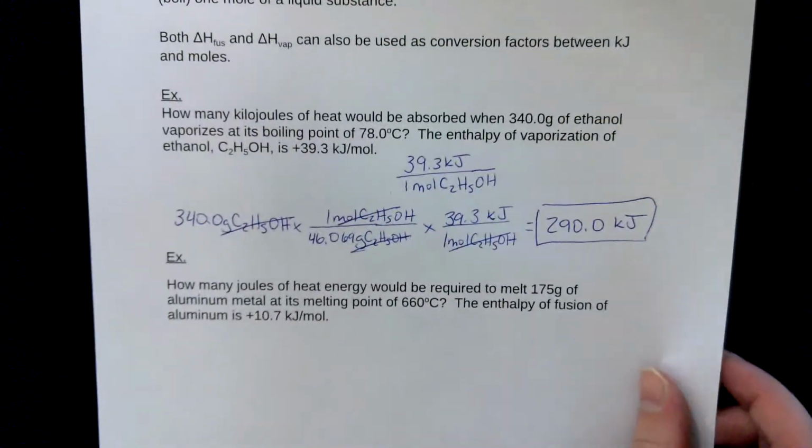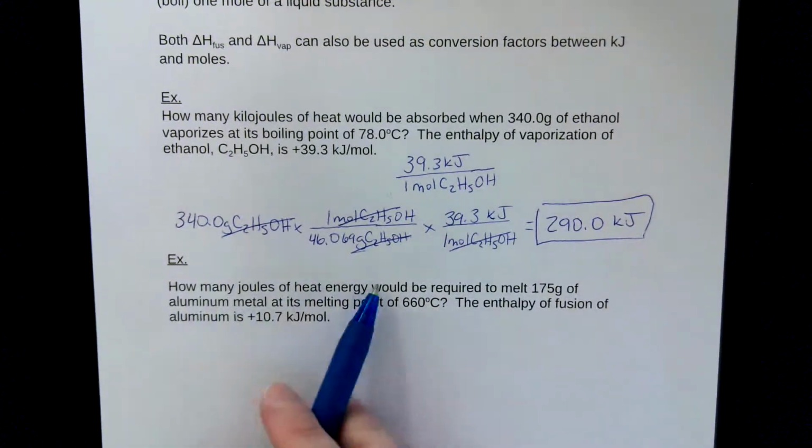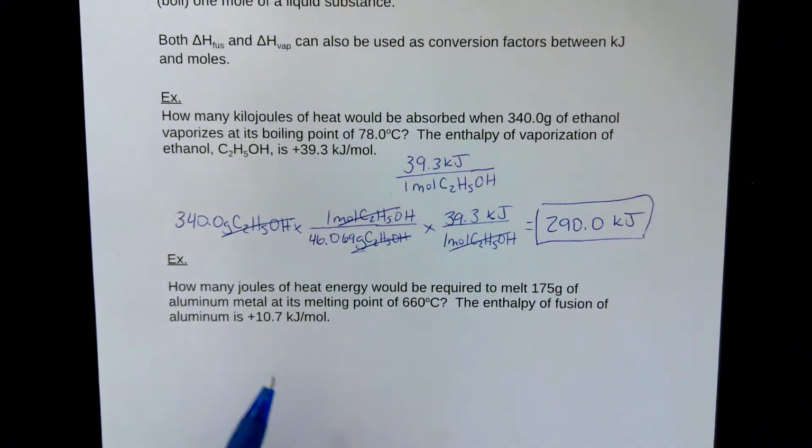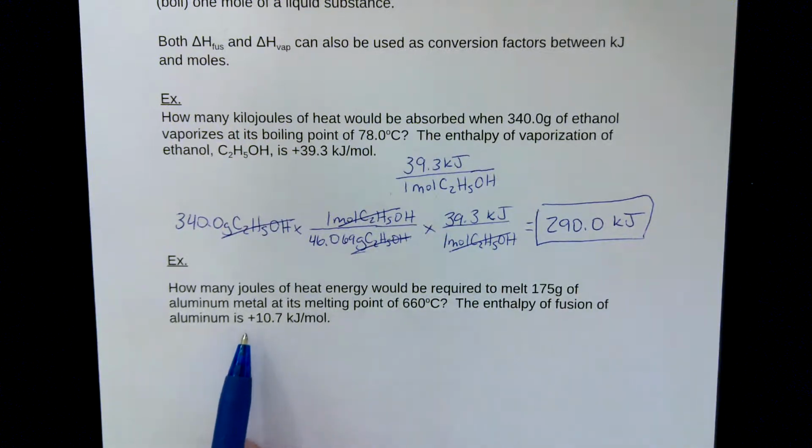One last example for today. How many joules of heat energy would be required to melt 175 grams of aluminum metal at its melting point of 660 degrees Celsius? And the enthalpy of fusion of aluminum is 10.7 kilojoules per mole.